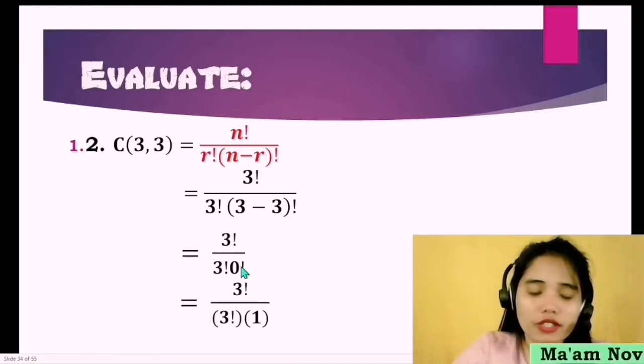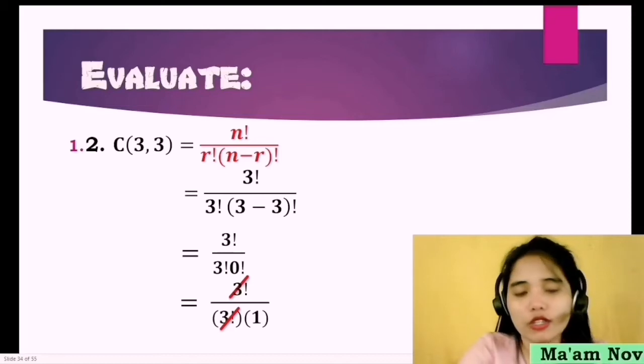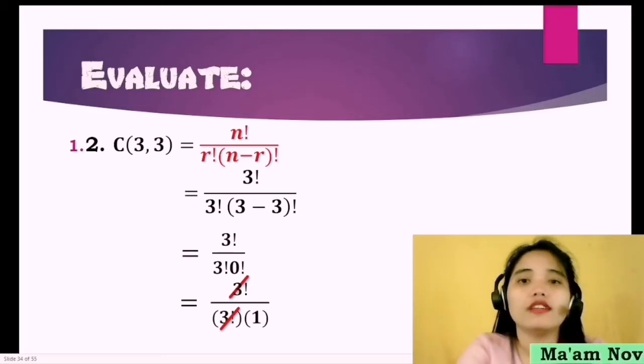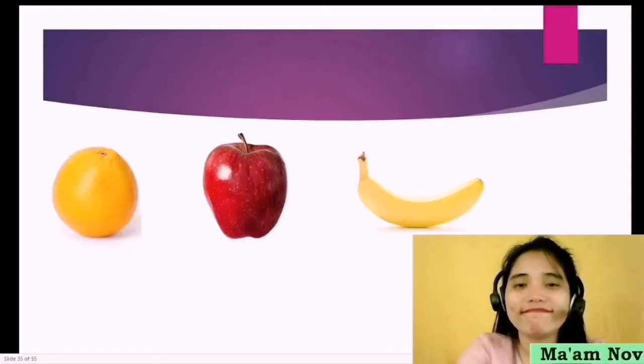So, we have 0 factorial is equal to 1. And we will cancel 3 factorial sa taas, pati sa baba. So, ang 3 factorial over 3 factorial is equal to 1. And 1 over 1 is equal to 1. So, we have only 1 selection. And ano yon? Ito, orange, apple, and banana.